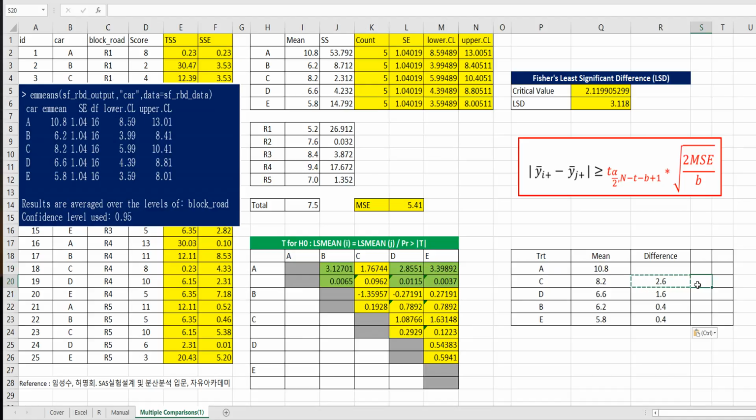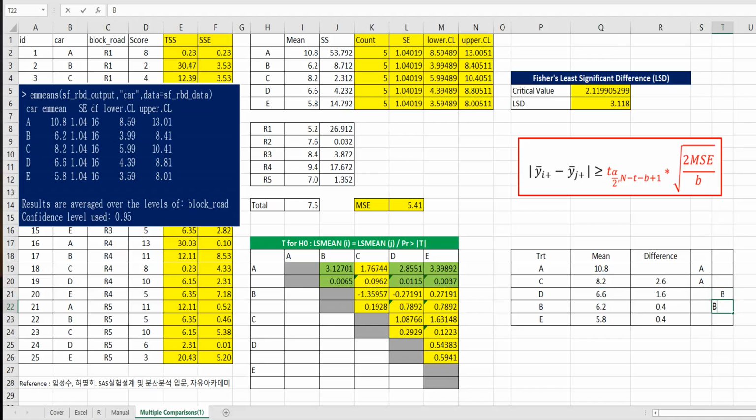So again, for A and C, the difference is 2.6, so we cannot say that there is significant difference between A and C. So let's give alphabet letters here. Again, C and D also have no significant difference. However, the difference between A and D is 4.2, so there is significant difference.